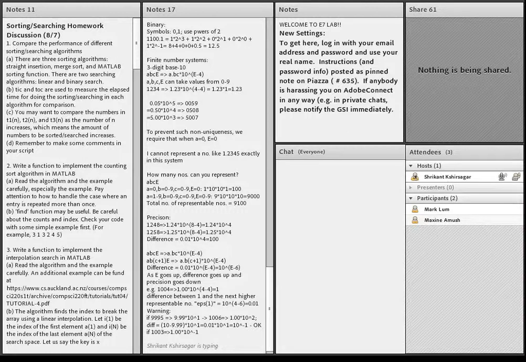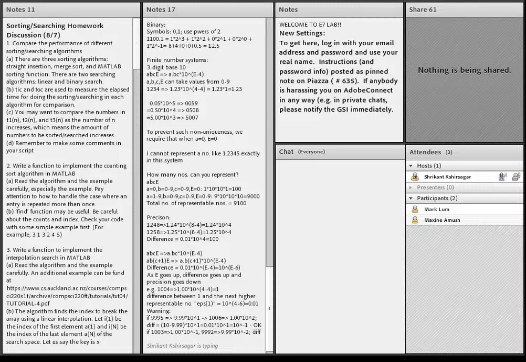Okay, and if you go one below it, the number which is one below it would be simply 9992, which corresponds to 9.99 into 10 raised to minus 2, right?